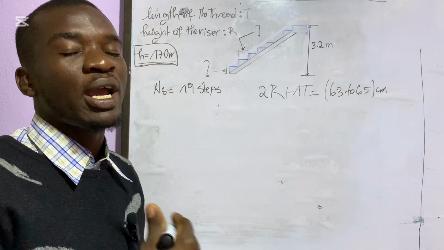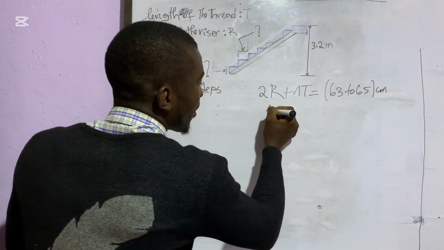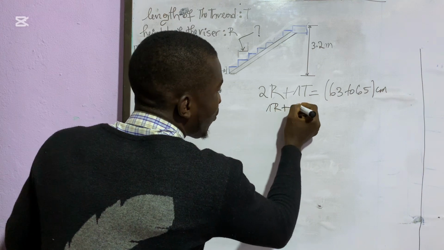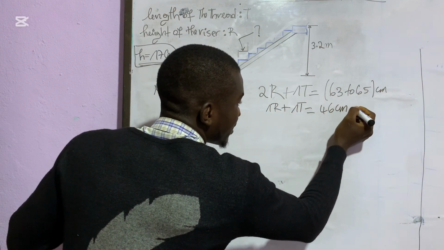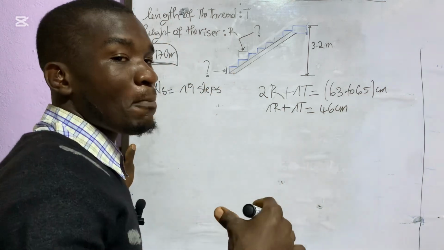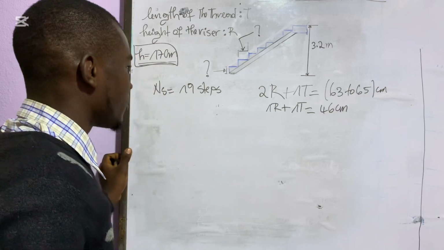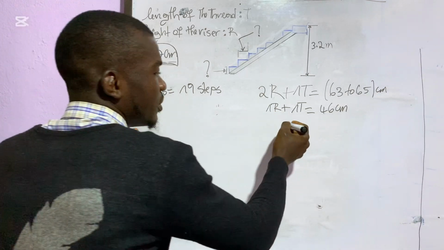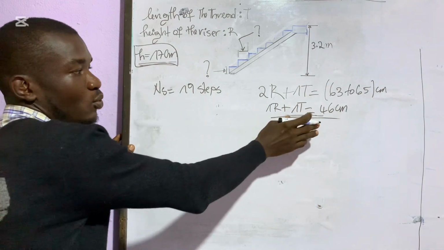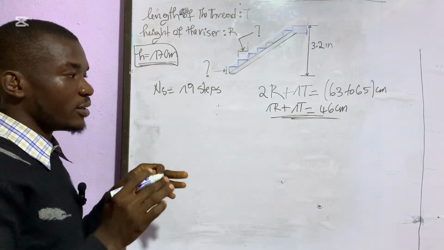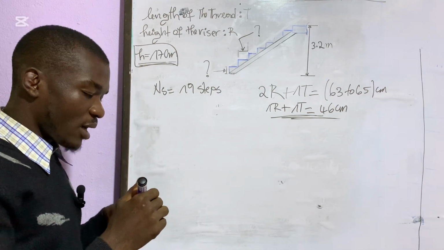And he even went further to say that for a maximum comfort, you should have one riser plus one tread equal to 46 centimeter. This is when you are looking for a maximum comfort. So this is what we will use to know the length of our tread and the height of our riser.